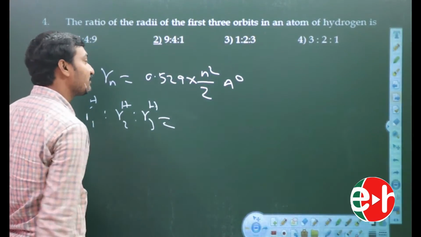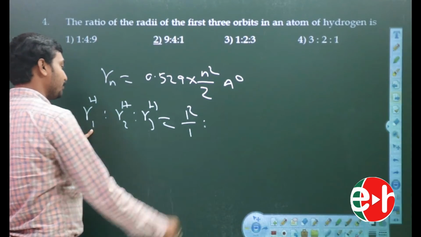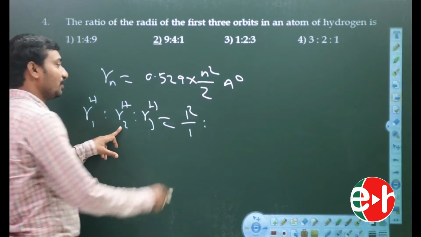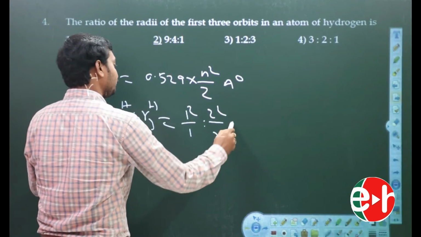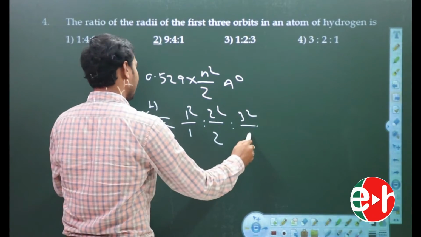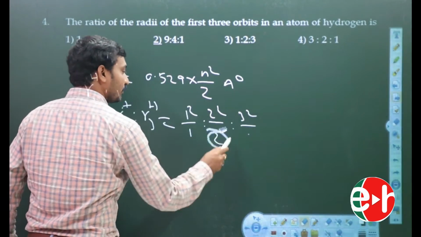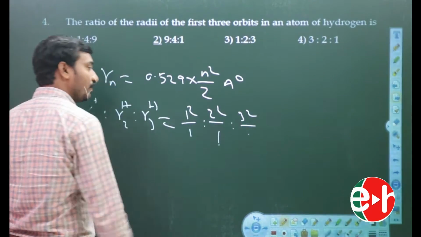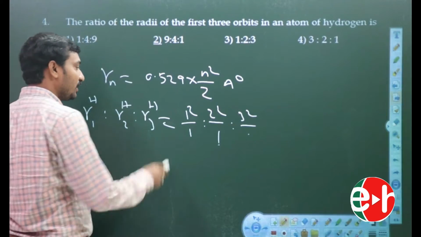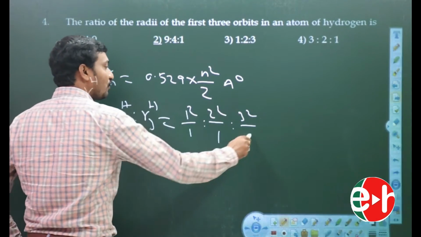Then depending upon n square by z: n value 1, so 1 square by 1; n value 2, so 2 square by 1, because atomic number is 1; n value 3, so 3 square by 1.